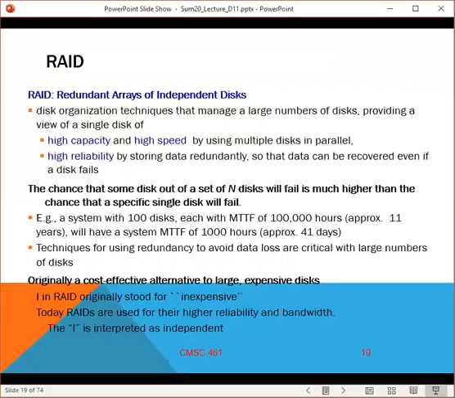And they developed a paper they called A Case for Redundant Array of Inexpensive Disks, like you see here. And the RAID concept became extremely popular. So there's several different ways you can organize clusters of disk drives together, and they became RAID levels.